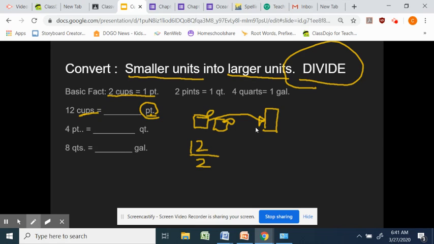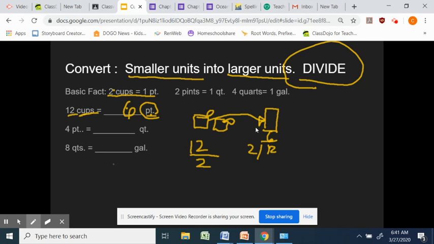So obviously, 12 divided by 2 is 6. So I will have 6 pints. 12 cups is exactly the same as 6 pints. So if I want to check my answer, 6 times 2 is 12.